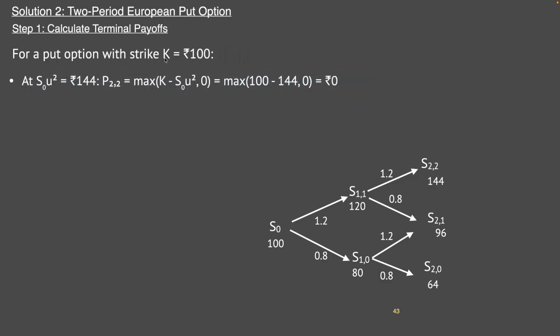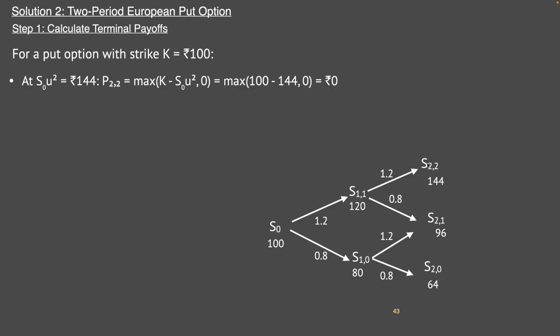For a put option with a strike price K equal to 100, these are all the terminal values of the binomial tree. If we want to calculate the option prices at these terminal values of the underlying, the underlying value S22 is 144, S21 is 96, and S20 is 64.